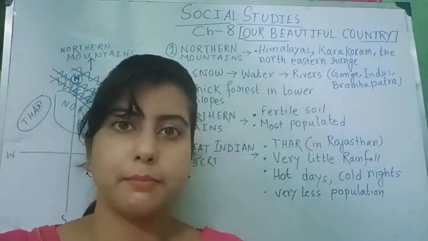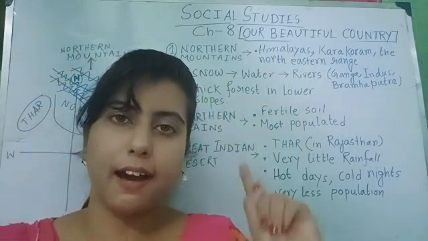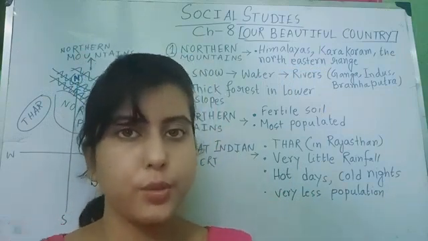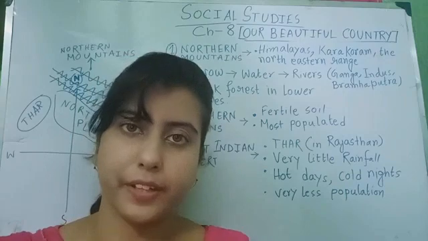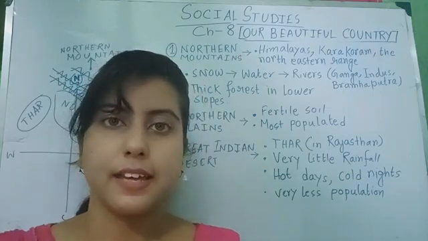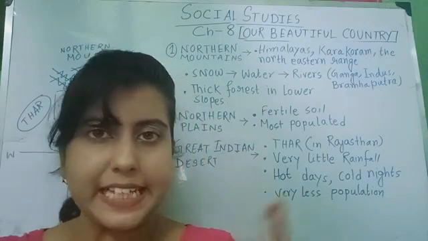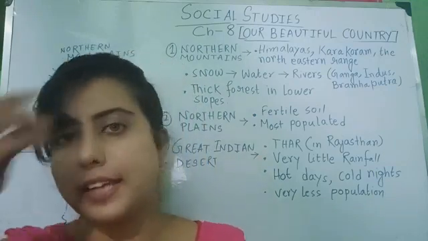Among them, the Himalayas is the highest mountain range in the whole world. And you know that Mount Everest of the Himalayas is the highest mountain peak in the world, but it is in Nepal. It's not in India.